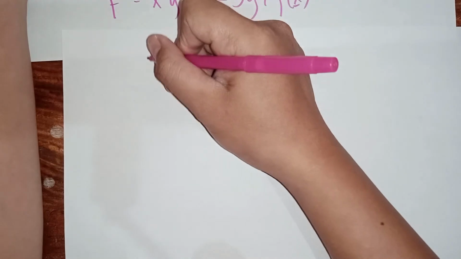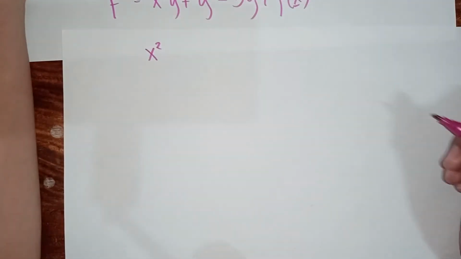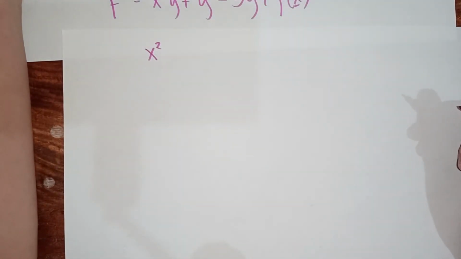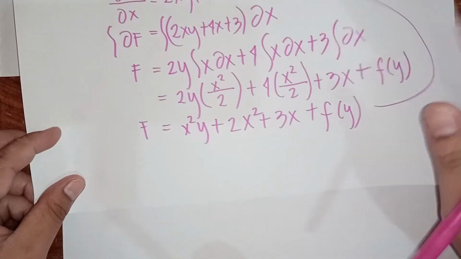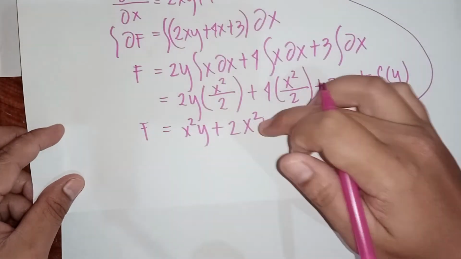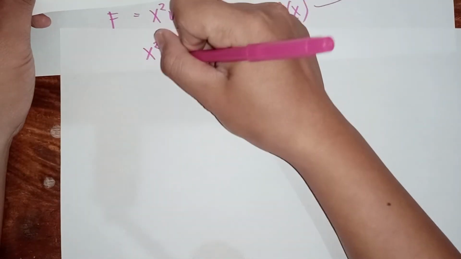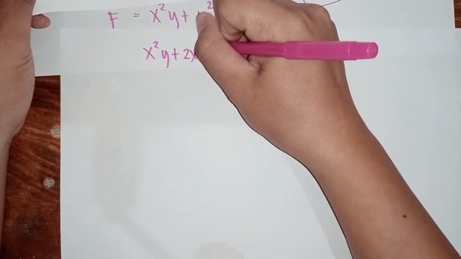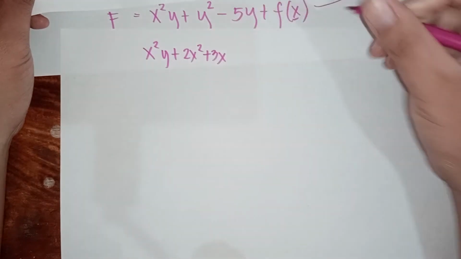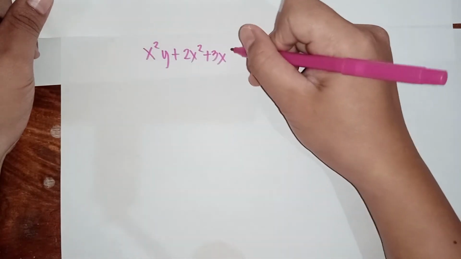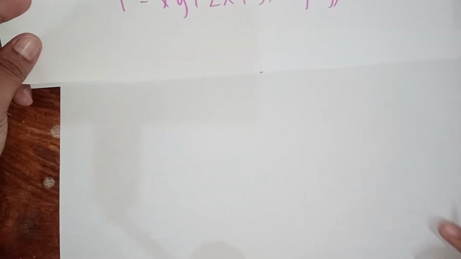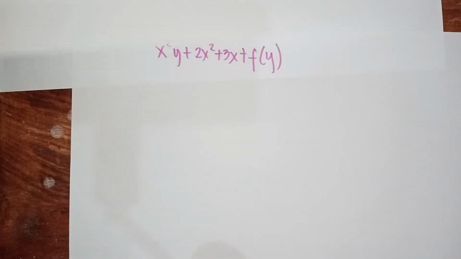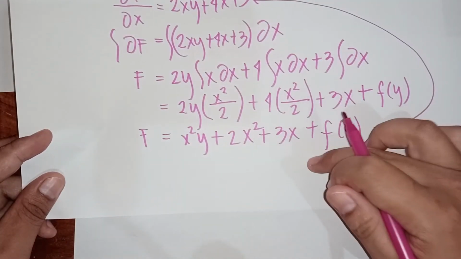Since f is equal to f, we can say that x squared, yung una nating f, ito yung unang value ng f natin: x squared y plus 2x squared plus 3x plus f of y. This is the first value of f.